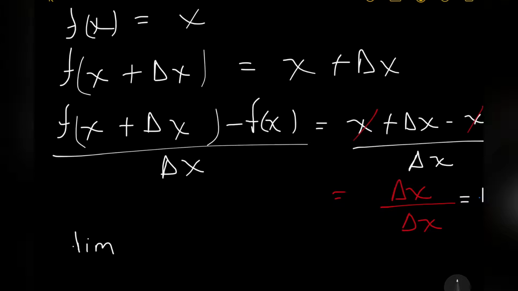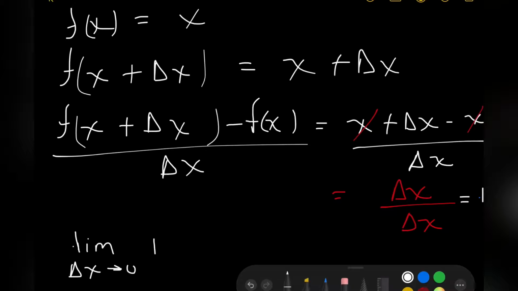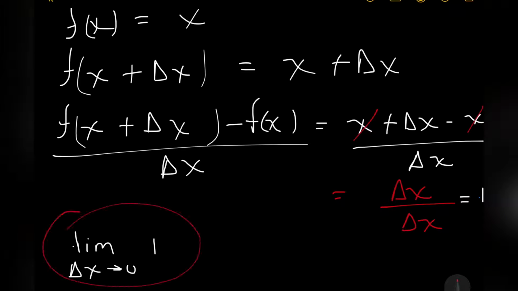So in our fourth step, we find the limit of 1, which is what we got from our third step, as delta x approaches 0. From limits theorem, we know that when we find the limit of a constant, then the limit is equal to that said constant.